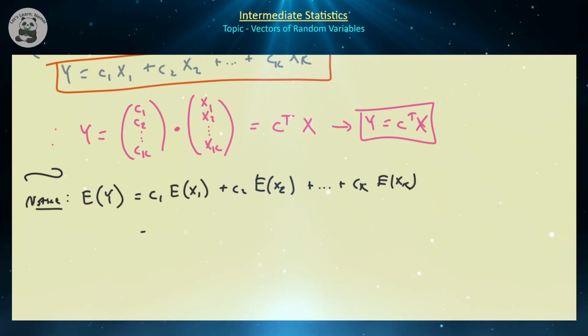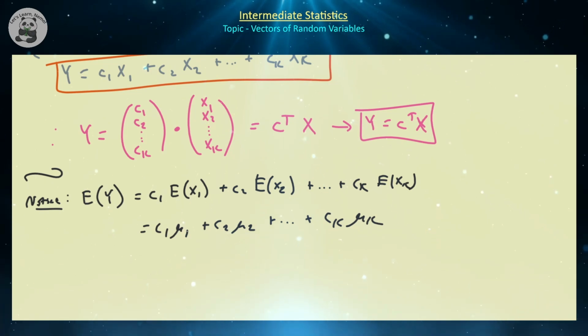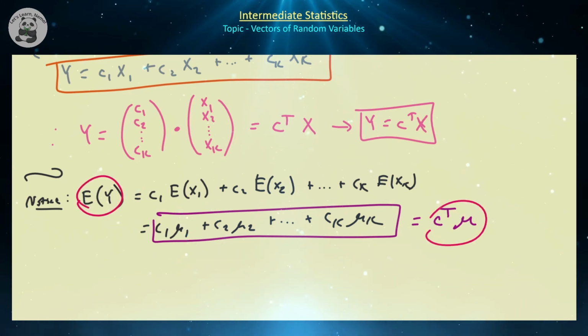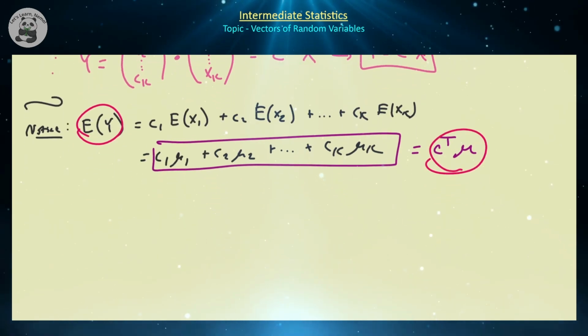And that's equal to c1 mu1 plus c2 mu2 all the way down to ck muk. But this should look familiar as well, because that's just equal to the same constants stored in the vector c times the parameter vector mu. So obviously we didn't use any vectorized versions to prove that connection, but maybe we can use the vectorized perspective in the first place.